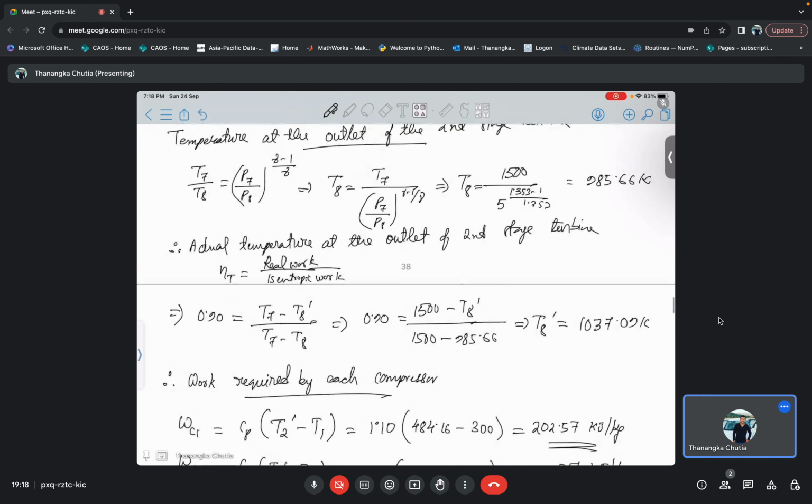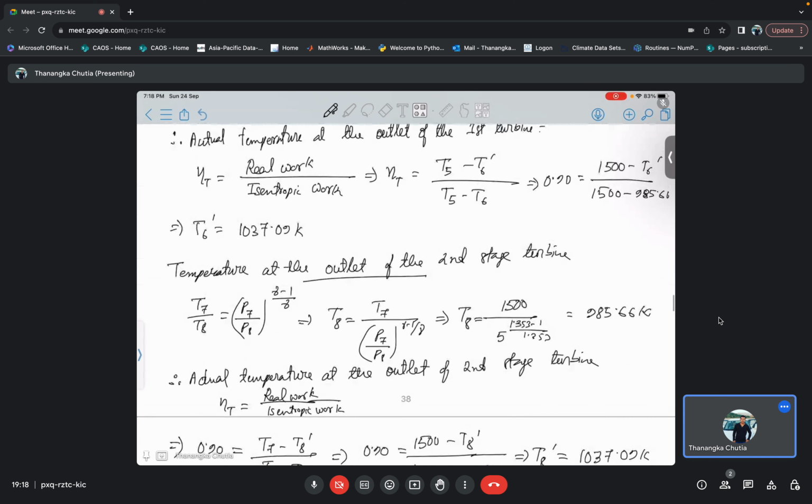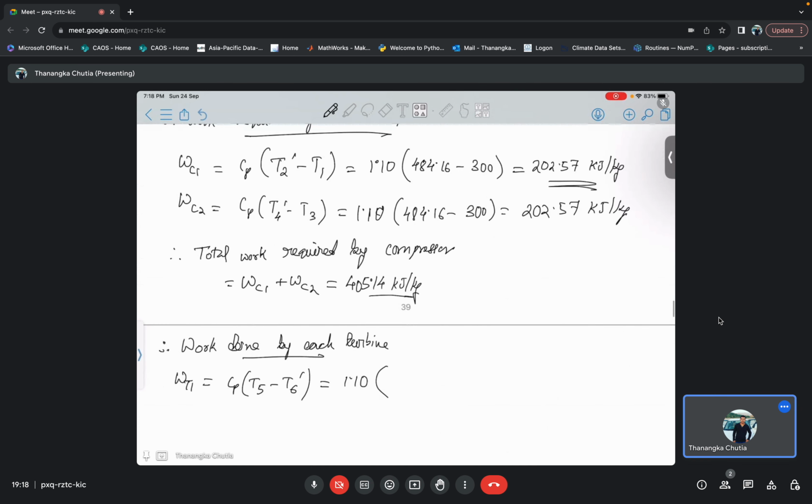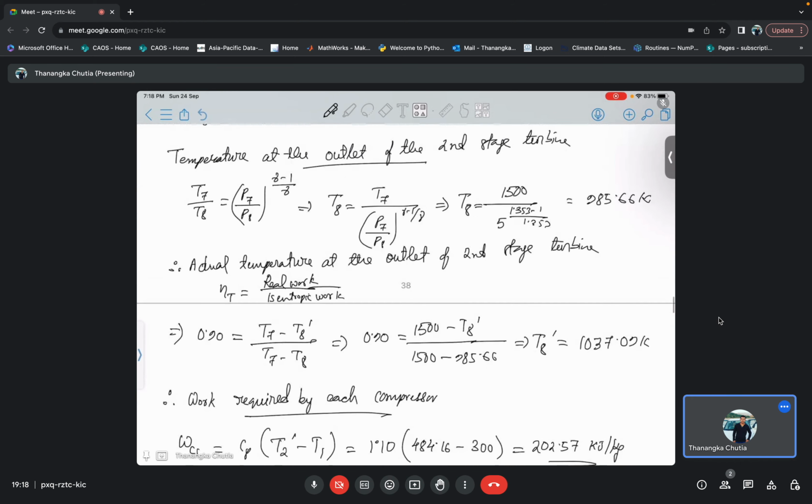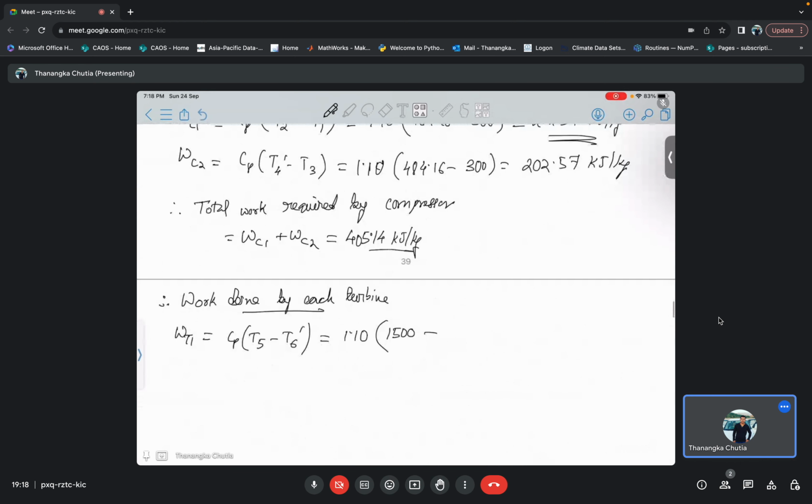What is T5? 1500 minus T6 prime, which is 1037.09, giving 509.201 kilojoule per kg.